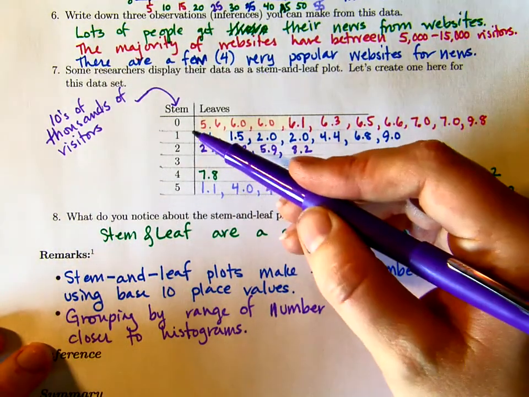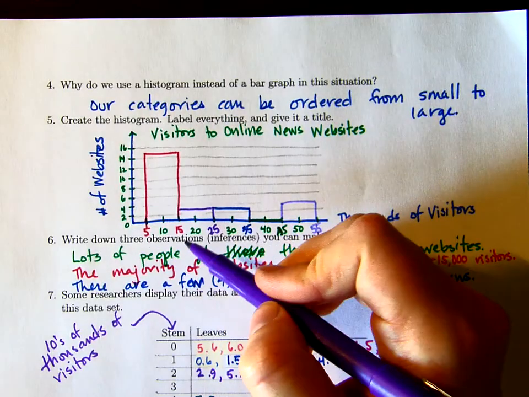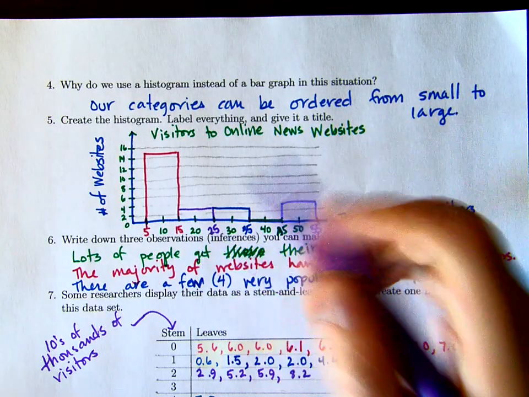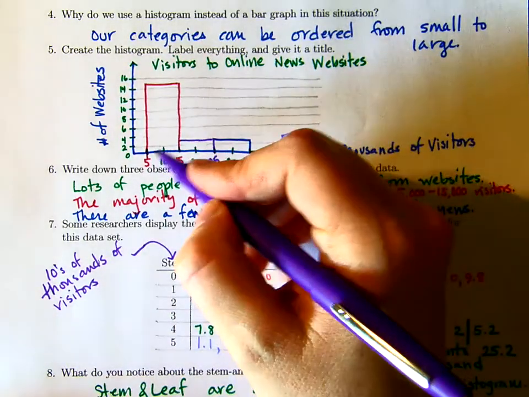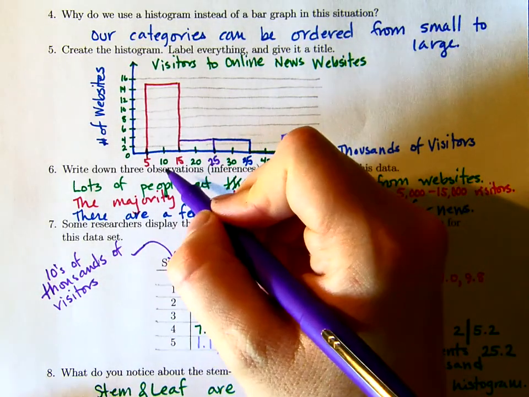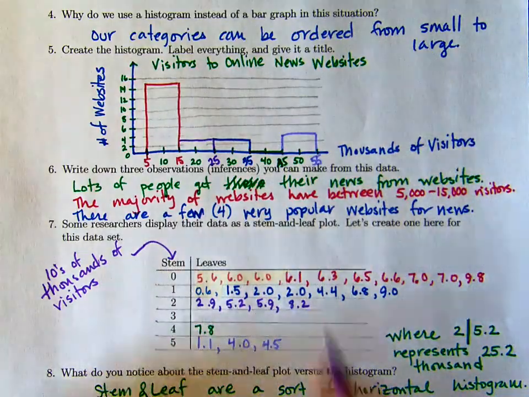So from 0 to 10,000, 10,000 to 20,000, whereas this went from 5 to 15,000, 15,000 to 25,000. So when it comes to histograms, we could have even broken it into from 5 to 10,000, etc.